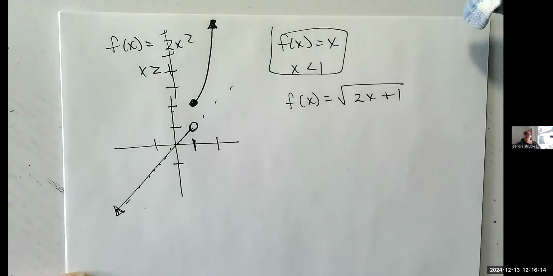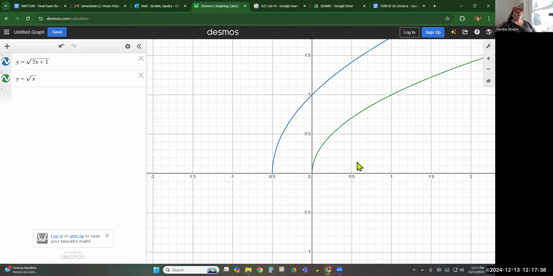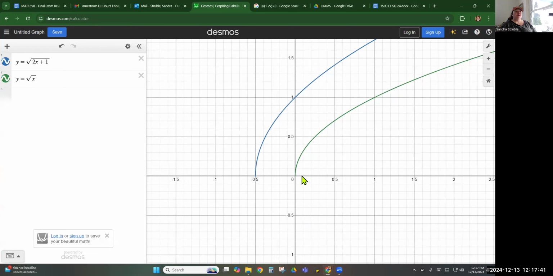Now, I'm going to pull up Desmos. Okay, so this is what y equals the square root of 2x plus 1 looks like. I don't want to see this per se. I want to see the steps it takes to get there, okay? So if you know what the toolkit function looks like, which is just y equals the square root of x, you can let me know, did it go up?